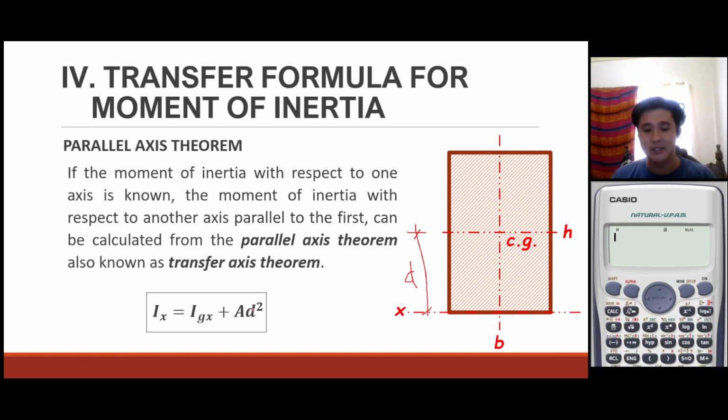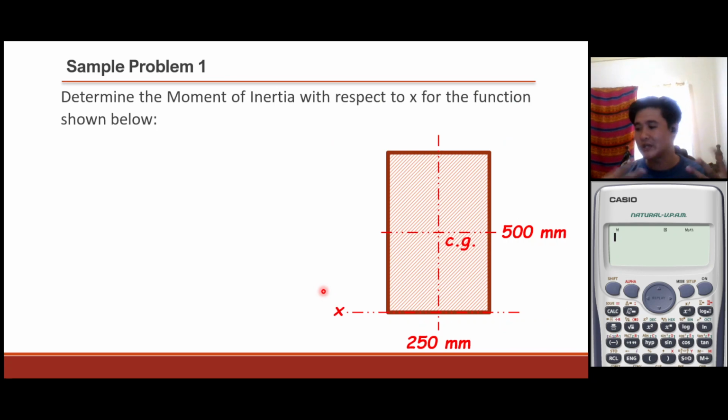We just need to be careful in finding the value of D. Okay? So, transfer axis theorem. As an illustration for the transfer axis theorem, we have this figure. We have this cross-section, a 500 by 250 millimeter beam or cross-section.